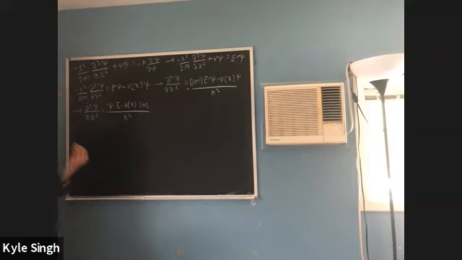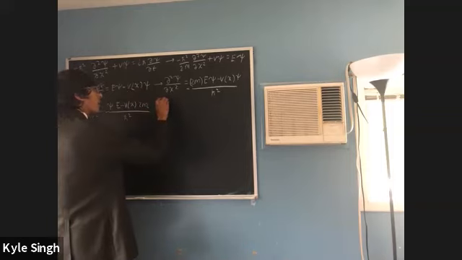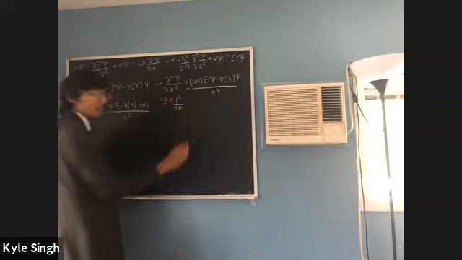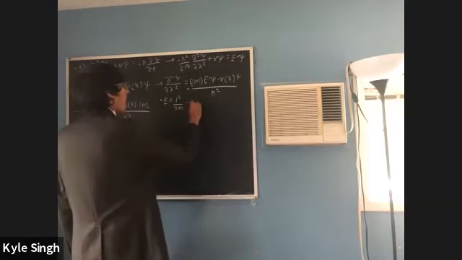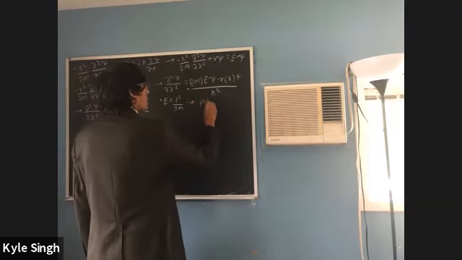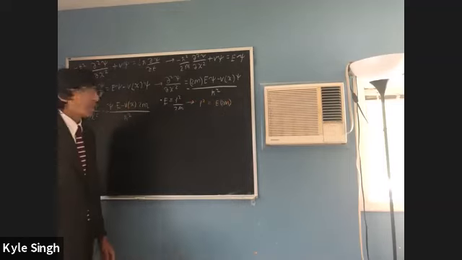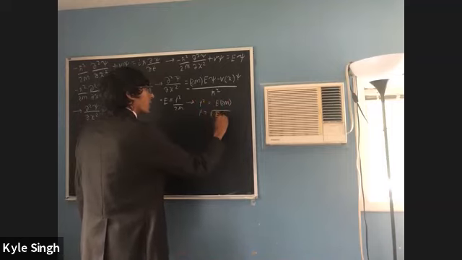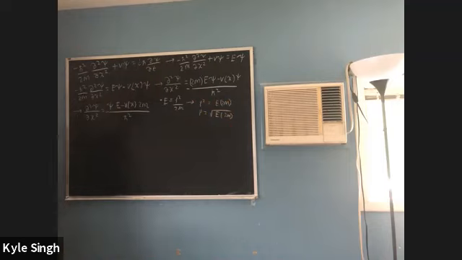And if you recall, for the free particle, the energy is E equals p squared over 2m. This is the energy of the free particle we've seen, which means that the momentum squared p squared equals E times 2m, which means that the momentum equals the square root of E times 2m. This is kind of interesting.